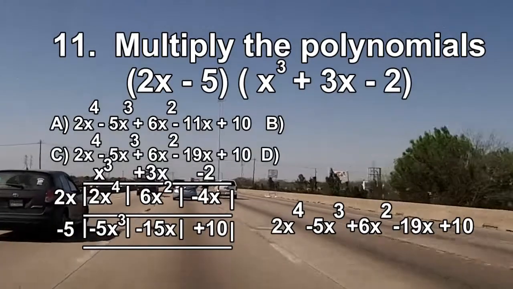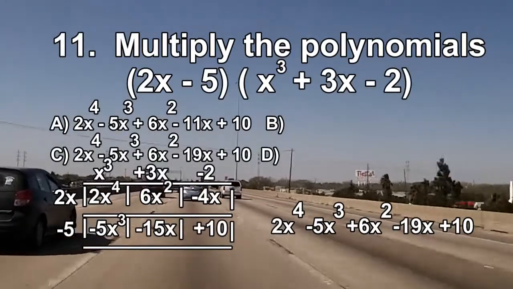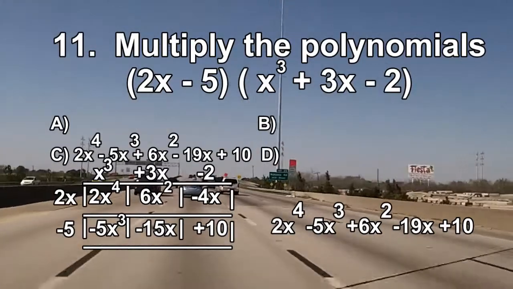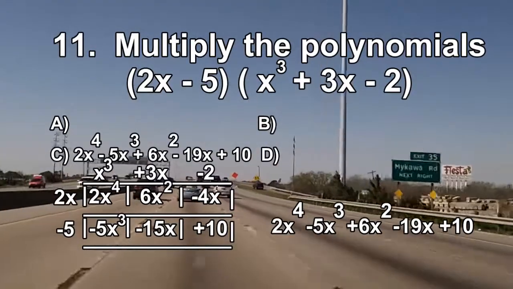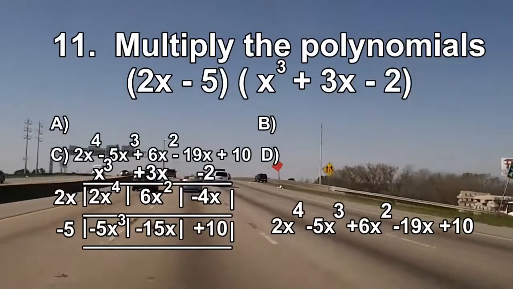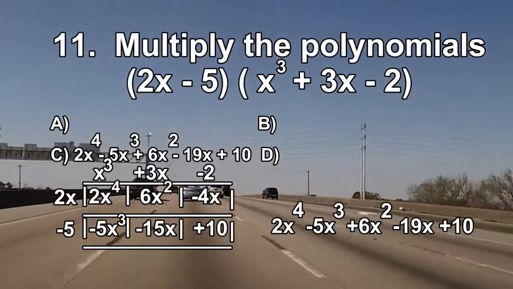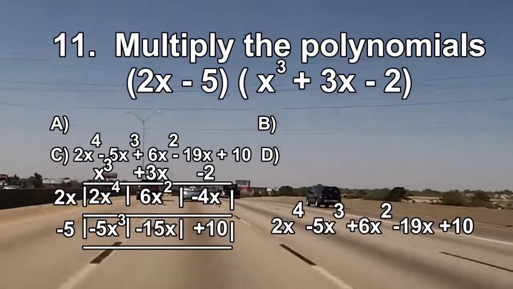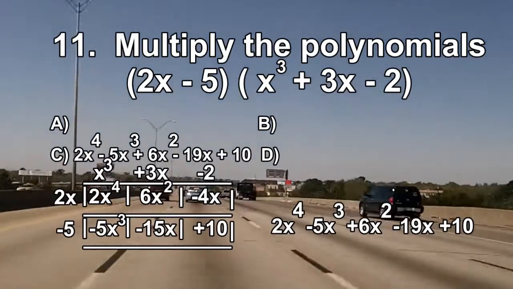Negative 19x is the correct part of the polynomial, so choice A is incorrect. That means choice C is the correct answer. 2x to the fourth minus 5x to the third plus 6x squared minus 19x plus 10 is the correct answer.